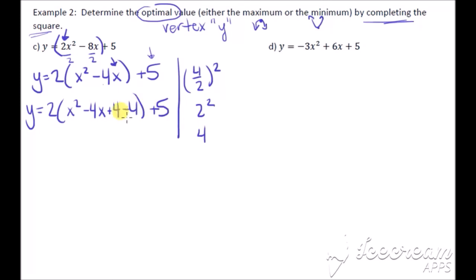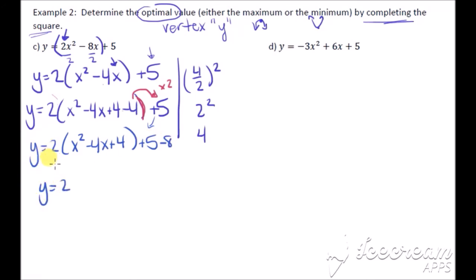Because we factored out this 2, when we bring this negative 4 outside of the bracket, we have to multiply it by that 2, since the negative 4 is in that bracket. So what we end up getting is 2 bracket x squared minus 4x plus 4. That's our trinomial. The plus 5 stays. And now negative 4 times 2, we get negative 8.